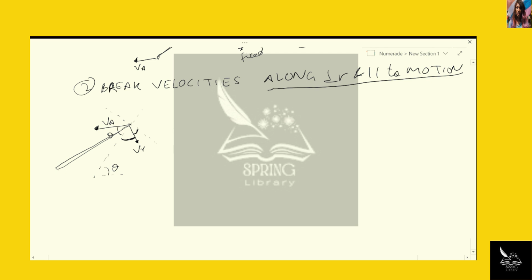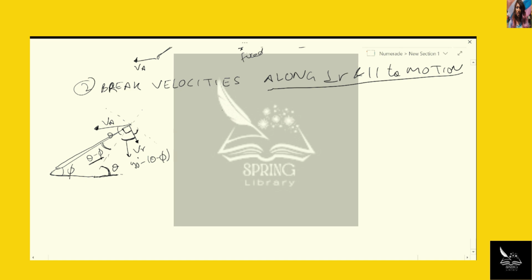So in the previous problem, if we assume this angle to be phi, this angle will be theta minus phi, because the exterior angle of a triangle is basically the sum of interior angles. So phi plus theta minus phi is equal to theta. So this is theta minus phi. And since this is 90, this angle is going to be 90 degrees minus (theta minus phi). So now we know the angle of VR from the wall. So we can calculate the components along and perpendicular to the wall.